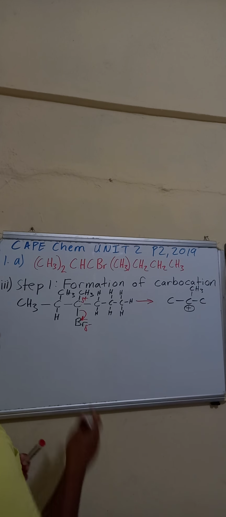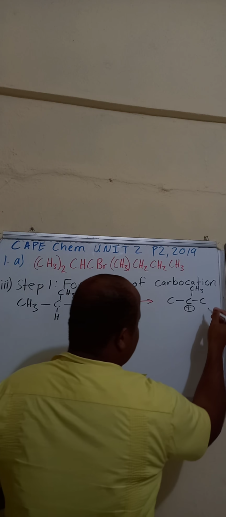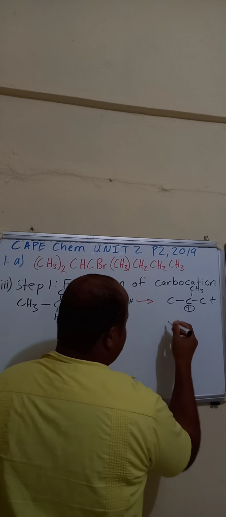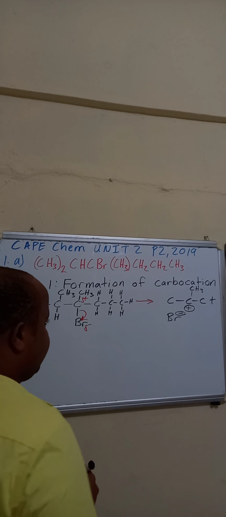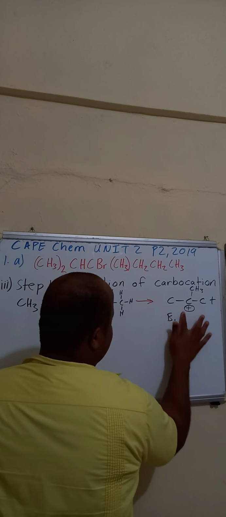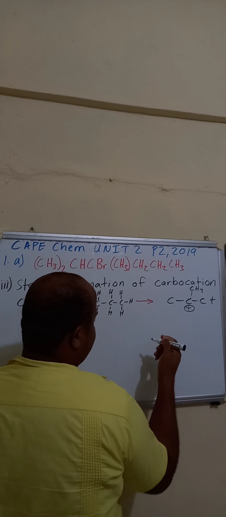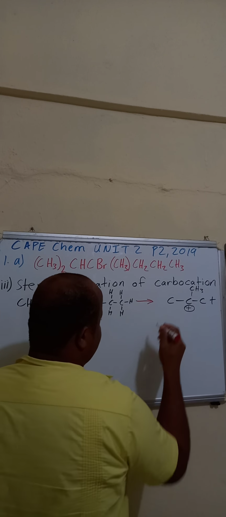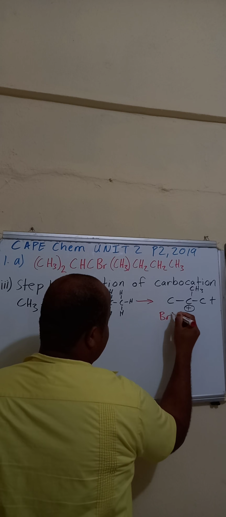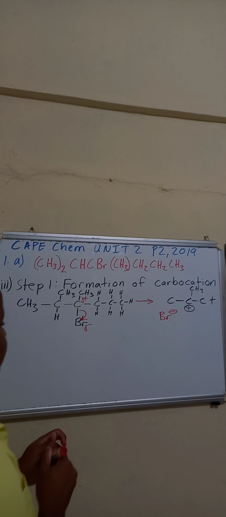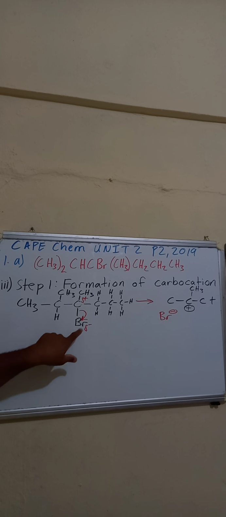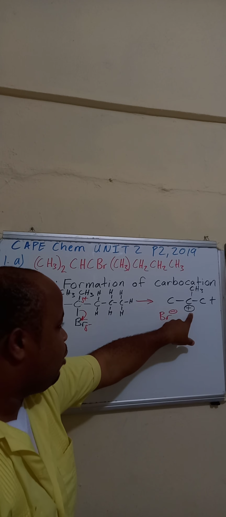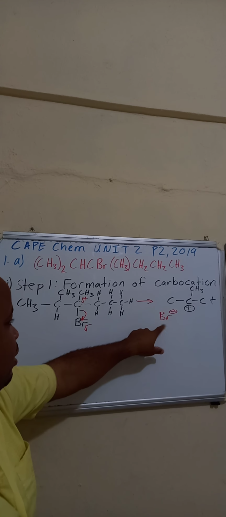So you would get the carbocation as well as the bromide ion. The carbon to bromine bond breaks heterolytically, and you get the carbocation and the bromide ion.